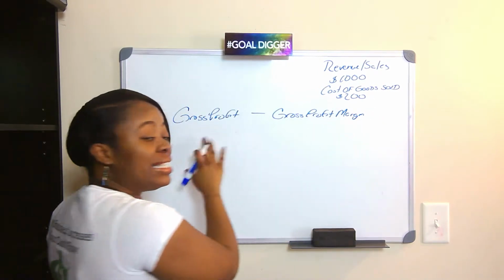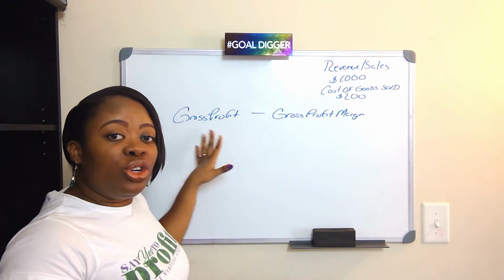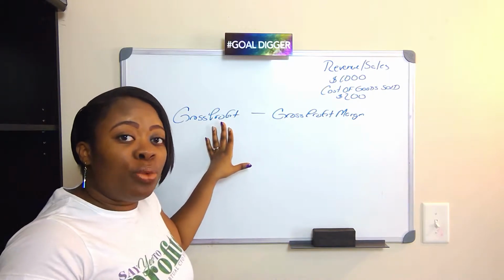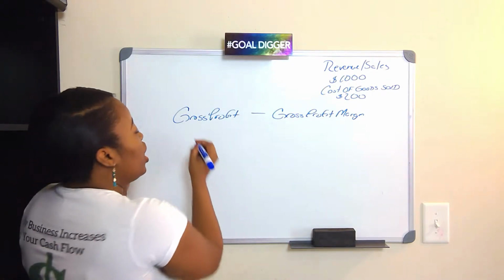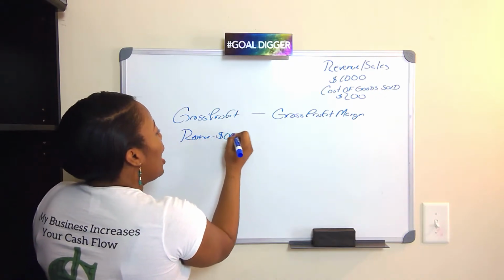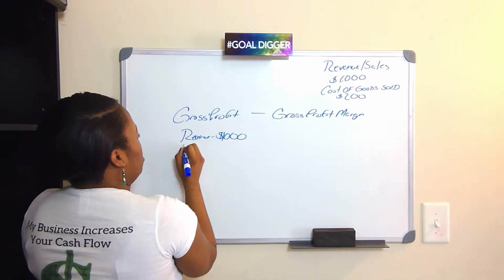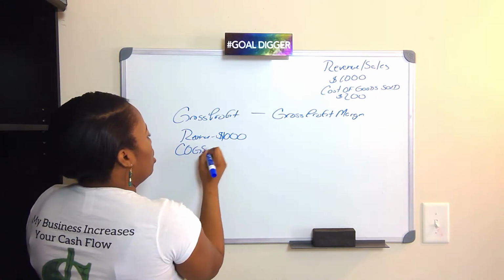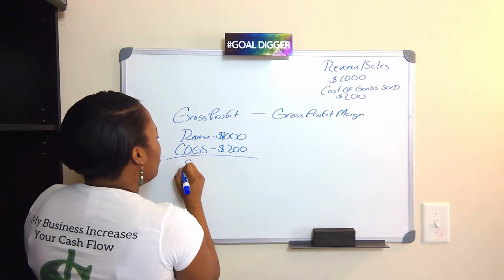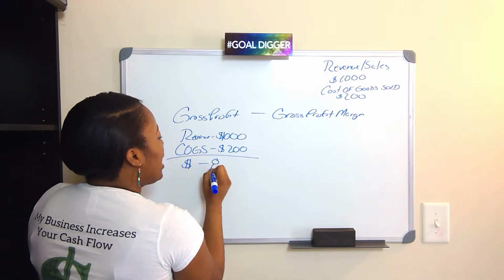And as you can see, these names look similar, but they're two totally different numbers. Your gross profit is when you take your revenue minus your COGS. So your gross profit in this case is $800.